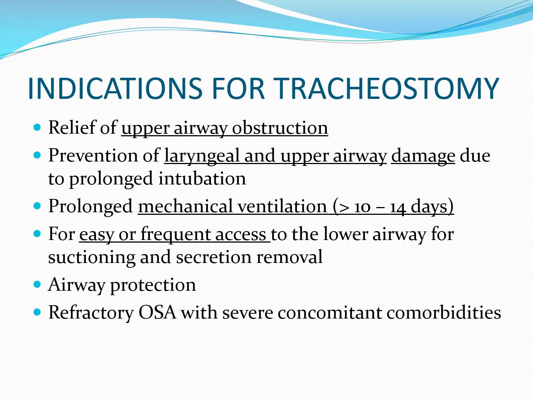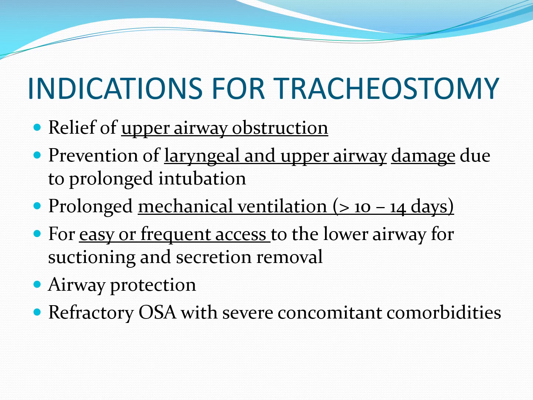There are several indications or reasons why tracheostomy tubes are put in place. One of them is to relieve upper airway obstruction. Now, we're not talking about the type of obstruction that's associated with asthma or COPD.